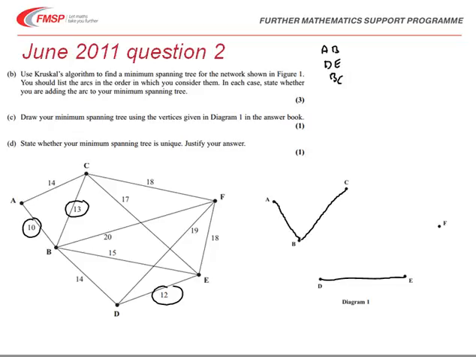And then we get to some that we're not going to add. So the next smallest ones are AC and BD. If we look at AC first of all, that would form a loop. So we're going to say AC is not added.